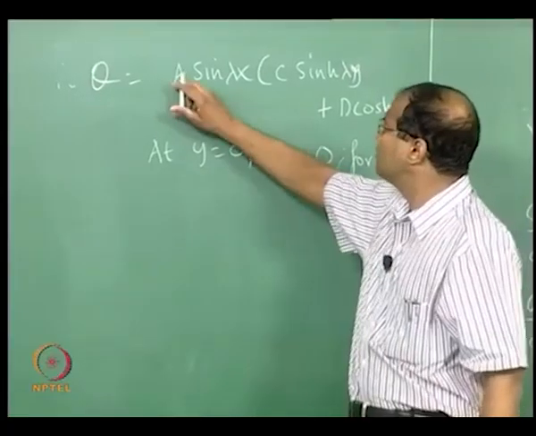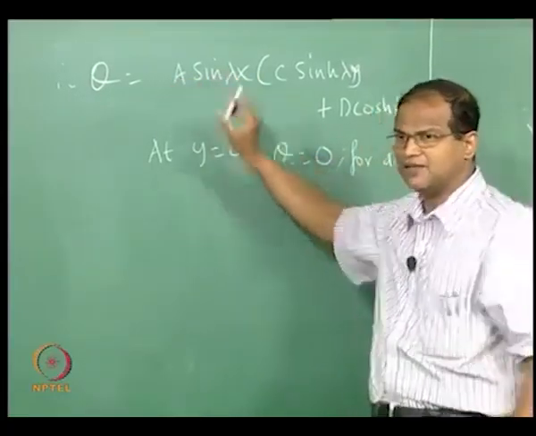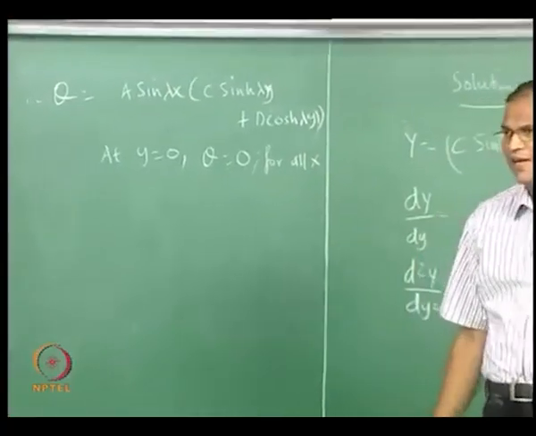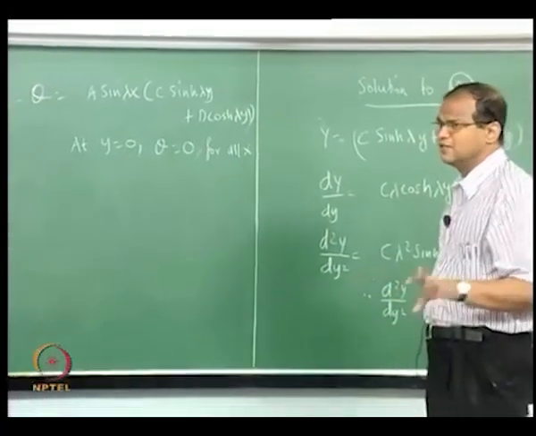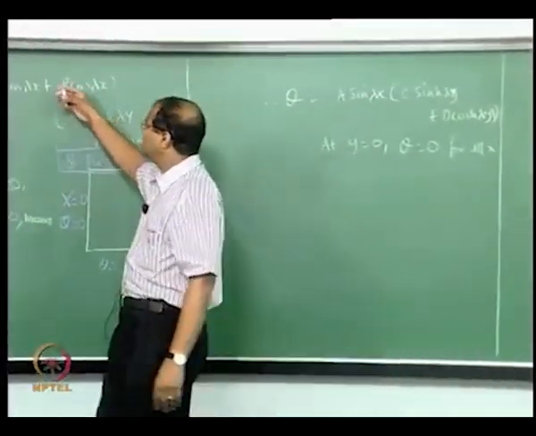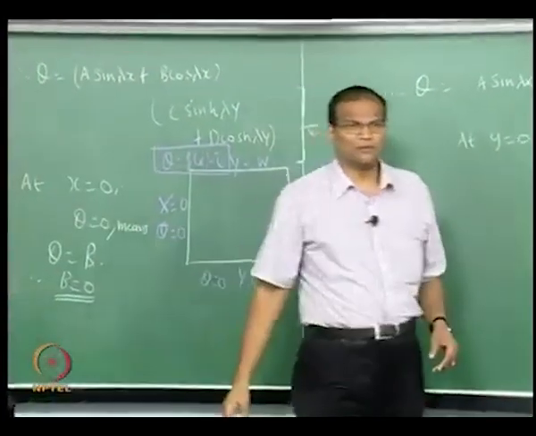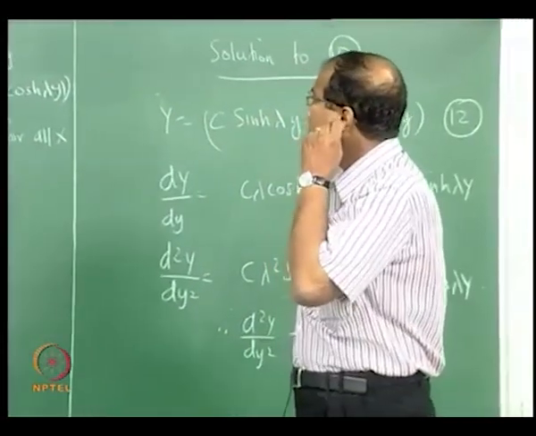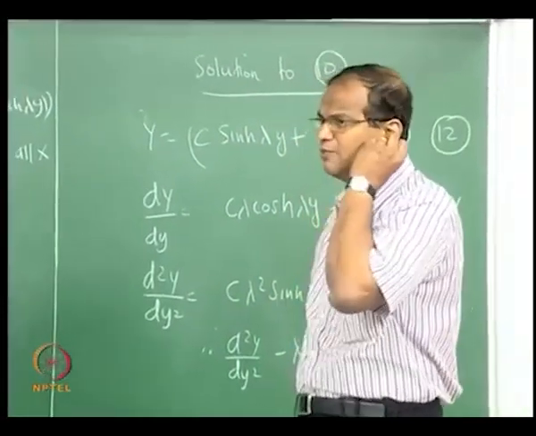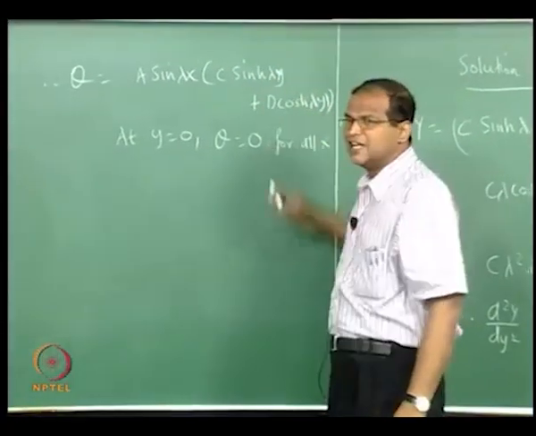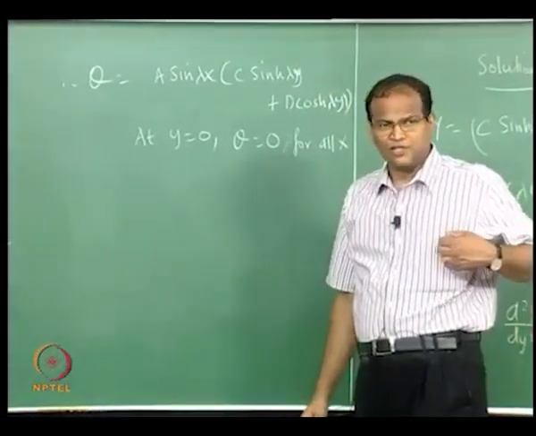So you do not have to worry about A sin lambda x, for any value of x it should work. A cannot be 0. If A is also 0, then there is no problem, we have to go home. B is already 0, if A is 0, theta is 0 everywhere, then where is the problem? A cannot be 0, it should be valid for any value of x. And what is sinh of 0? 0.